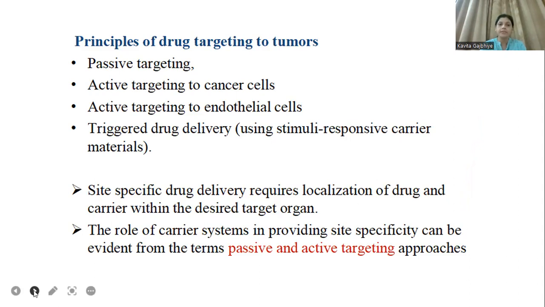Site-specific drug delivery requires localization of drug and carriers within the desired target organ. The role of the carrier system in providing site specificity can be evident from the terms passive and active approaches.